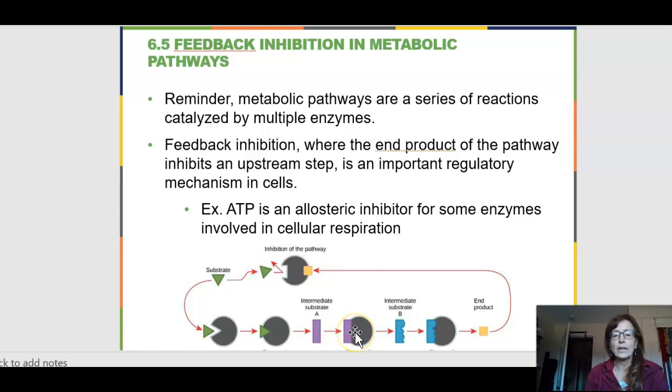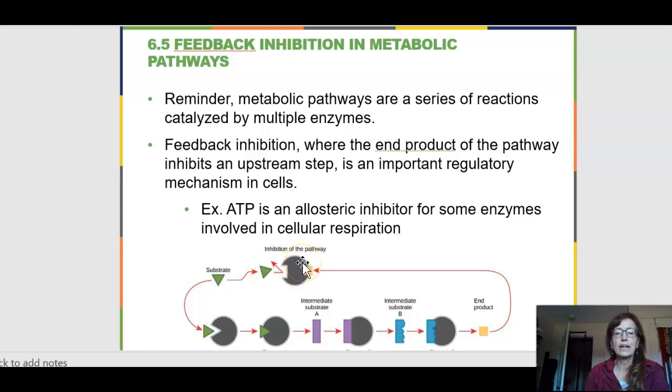Now we get a new enzyme, a new activity here, another intermediate substrate, another enzyme, another activity here, and then we get some end product that once this starts to build up can actually go back and inhibit the original enzyme.